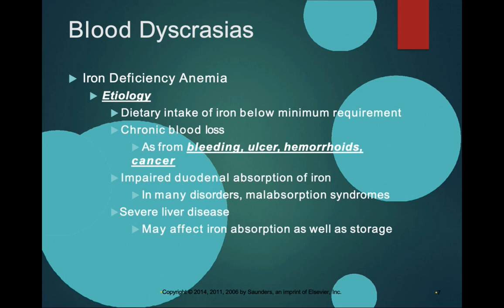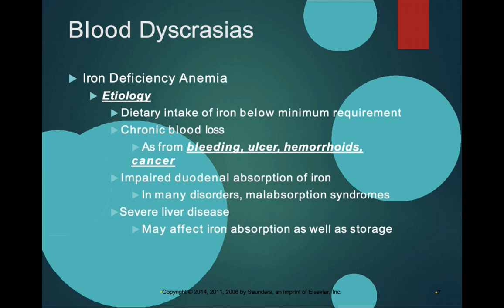Okay, furthering down the line in etiology, the dietary intake of iron can be below the minimum requirement. It could be chronic blood loss, maybe an excessive amount of bleeding, maybe there's an ulcer, maybe there's hemorrhoids, maybe there's cancer.